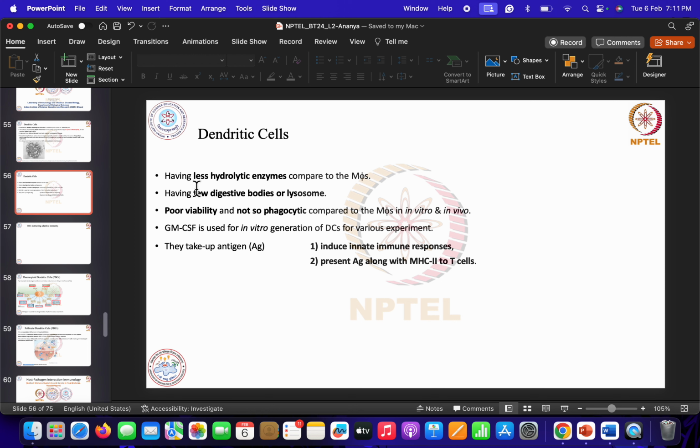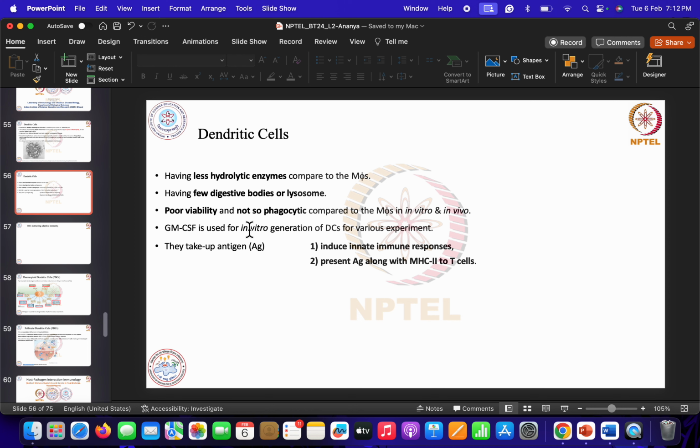Dendritic cells have fewer hydrolytic enzymes compared to macrophages, having few digestive bodies or lysosomes, poor viability, and are not so phagocytic compared to macrophages in vitro and in vivo.